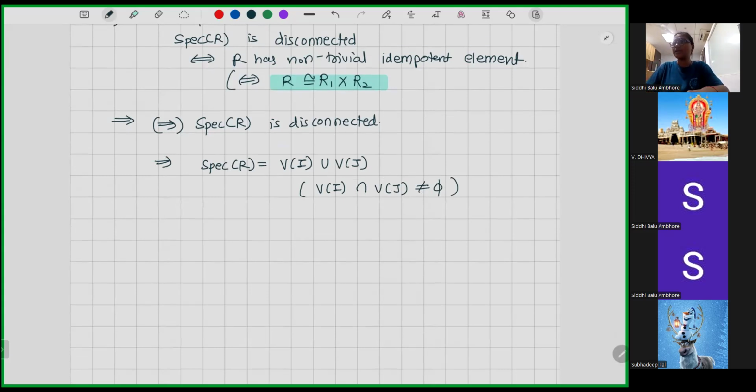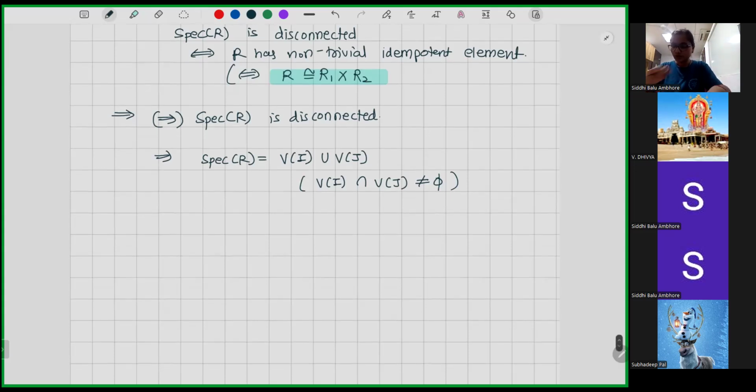Yes, yes, they are maximal ideals. Yes, true. In fact, in direct products, the prime ideals are exactly of this form. So at the ith position, we have a prime ideal and the rest are our original rings. So that's how prime ideals in the direct product look like. So as you said, that is true. Okay. So we have this at least so far.